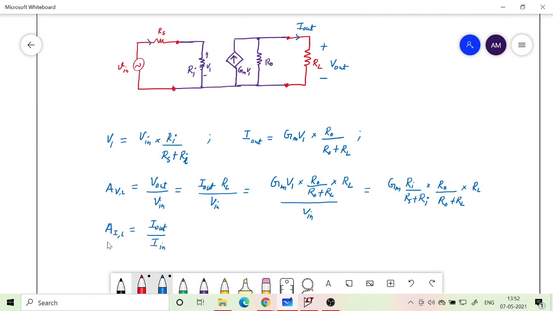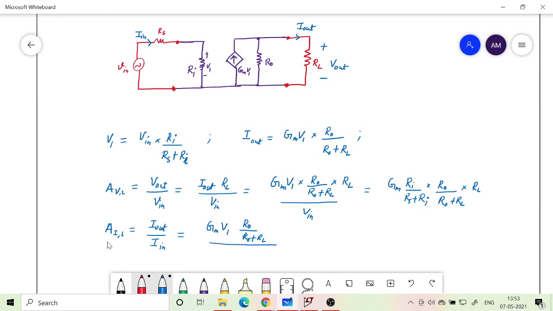My I in is this. I out, I already have this expression here, so that will be substituted, R0 plus RL. Now what is I in?